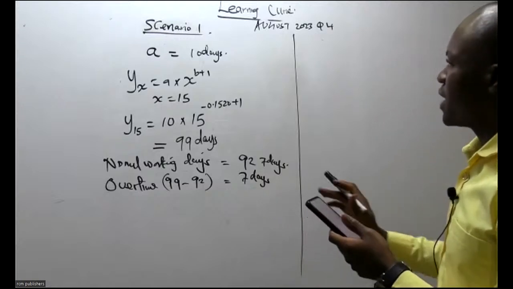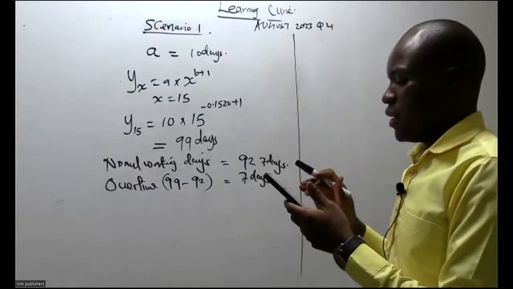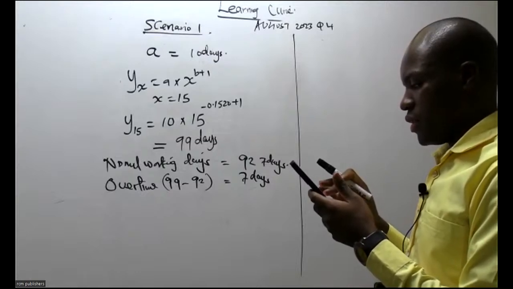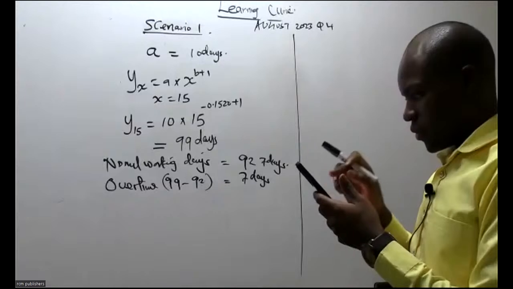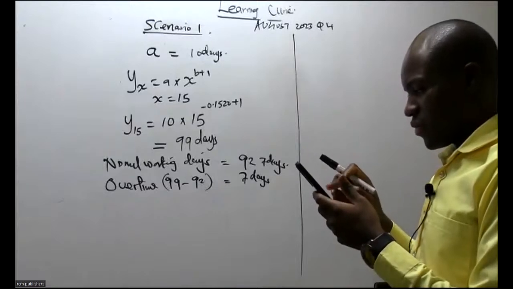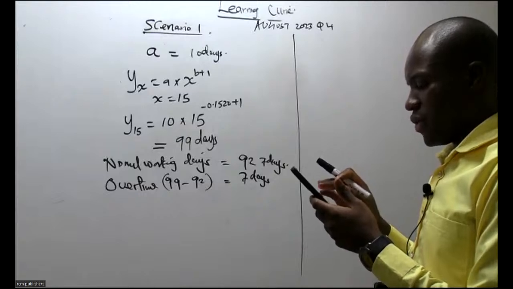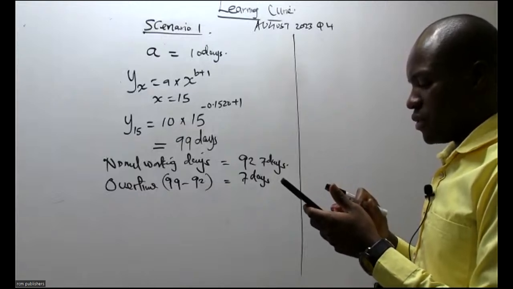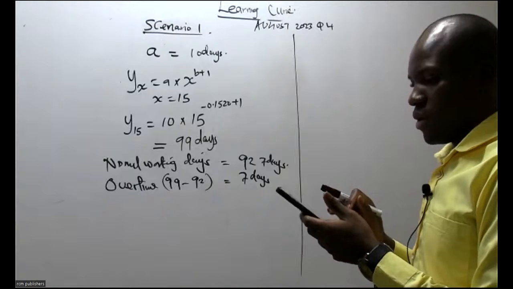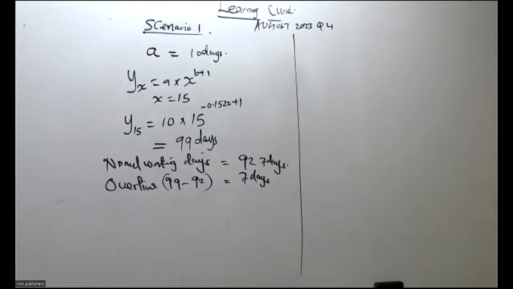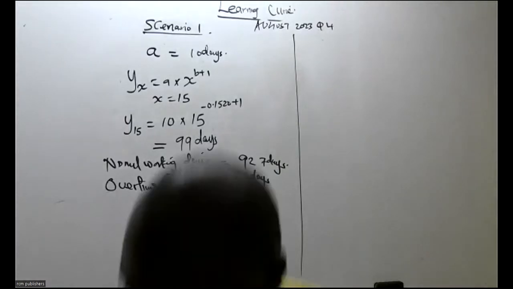So if they work overtime to take scenario 1, this is what they are going to have. No, I've shared the wrong question. Let me use this other one here.